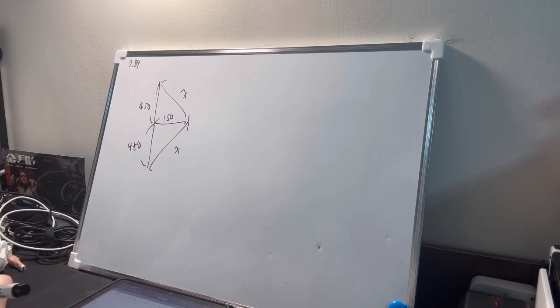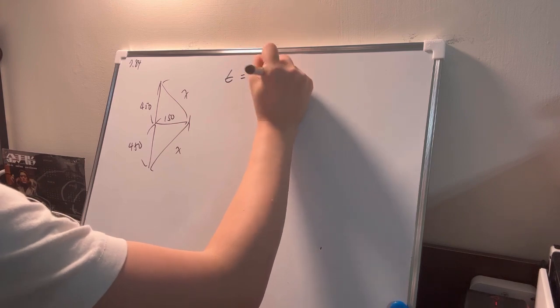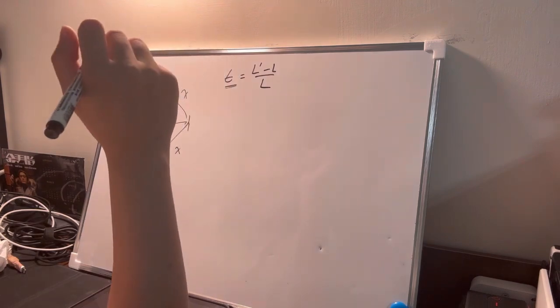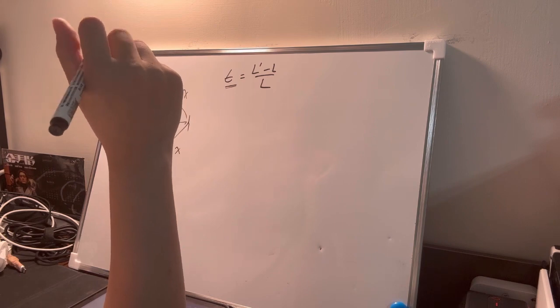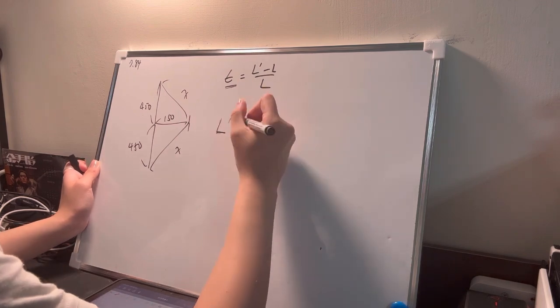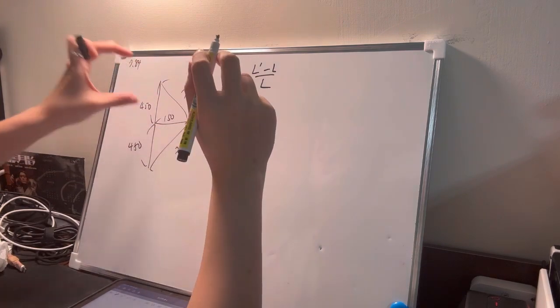And now the next question says determine the average normal strain when it is stretched to the position shown. So we use this function to see this. Basically we don't know the x here, but we can calculate it the math way. The change in L here will be 2 times x because we have 2.